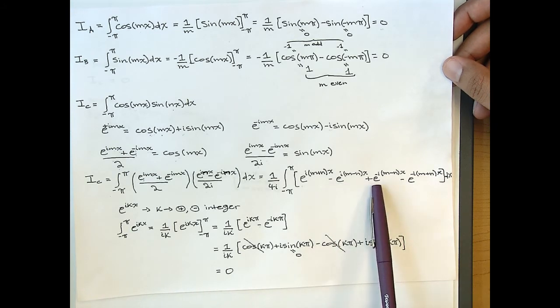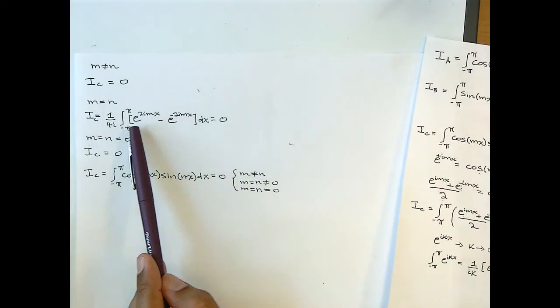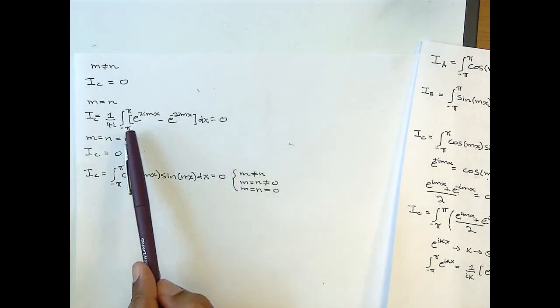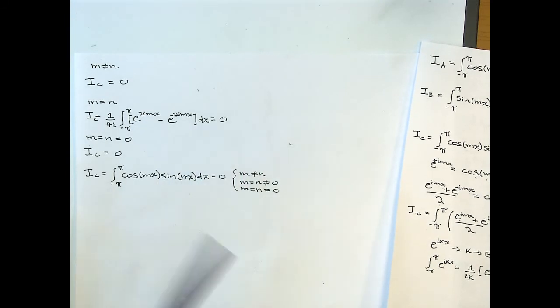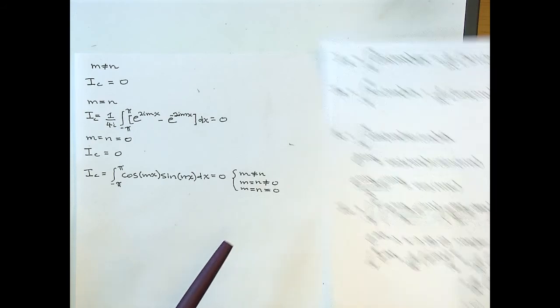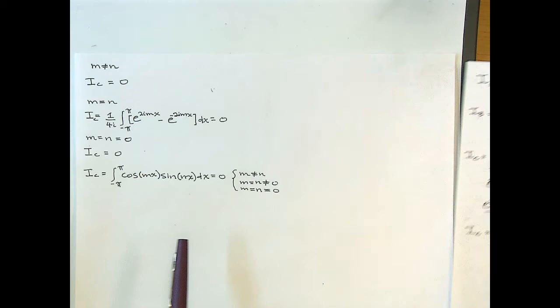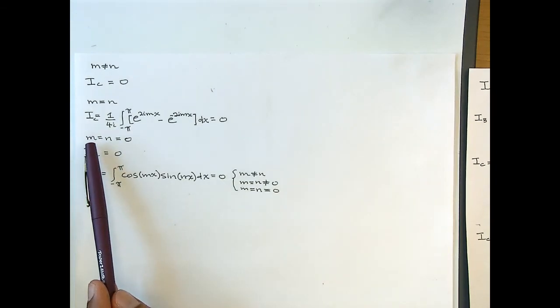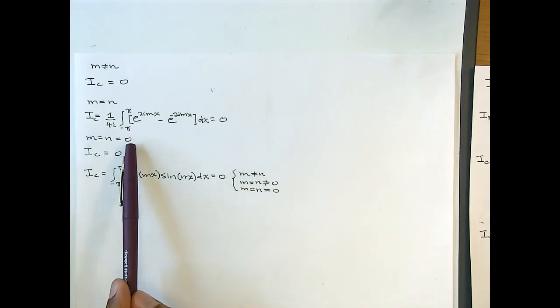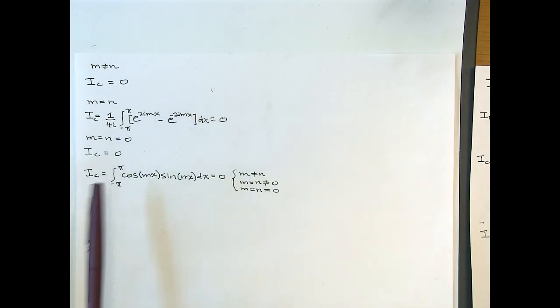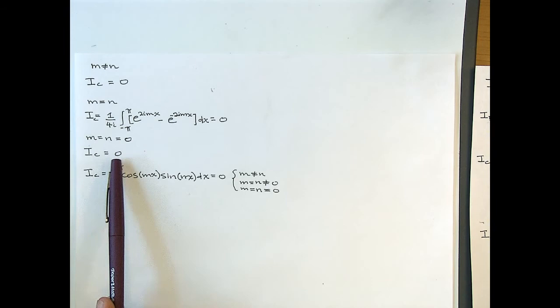The negative 1 and the plus 1 will cancel out, which leaves just this integral here, and this integral goes to 0 because of this. And once again, when m equals n equals 0, you can just plug in 0 here, and you'll see that this will also go to 0.